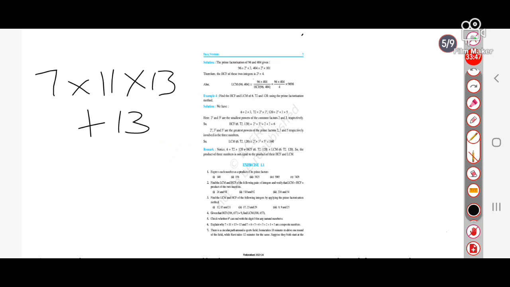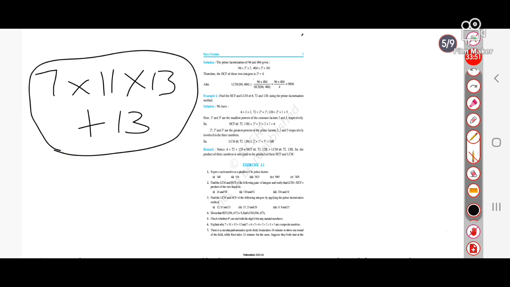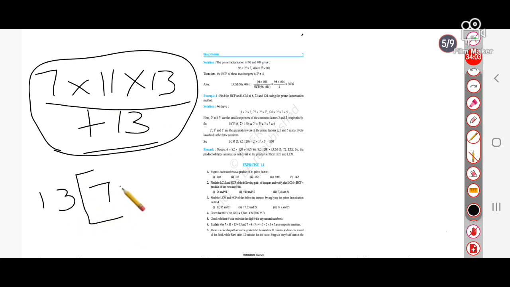Before entering this question, we need to check the common factor in both terms. The common factor is 13. With respect to the common factor, we write 13 into 7 cross 11 cross 1 plus 1.